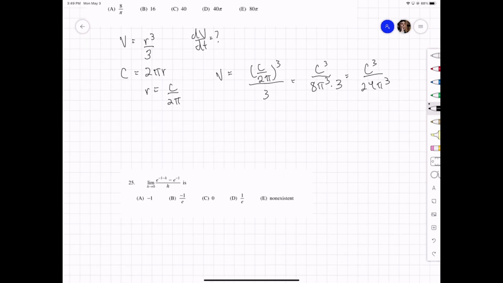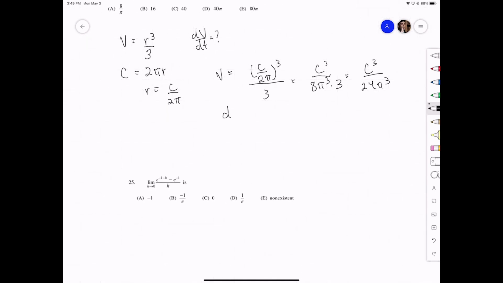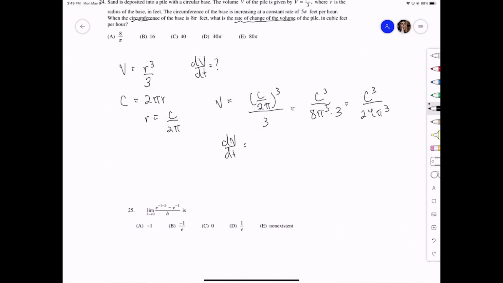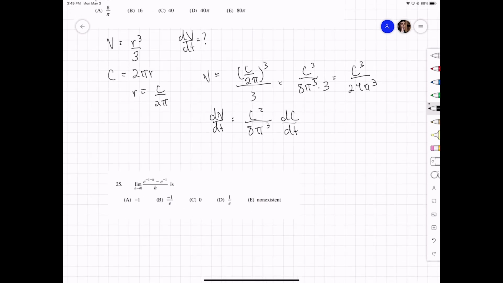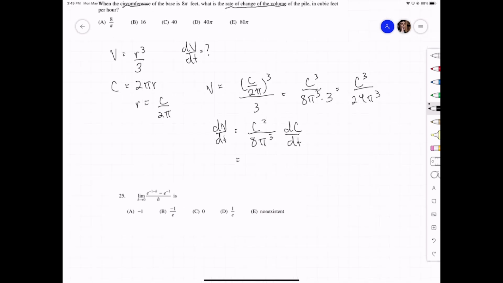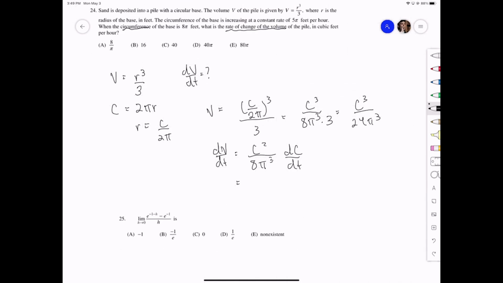So if you take the derivative of both sides, you get dV dt equals C squared over 8 pi cubed dC dt. So you can plug in, we know circumference is 8 pi.